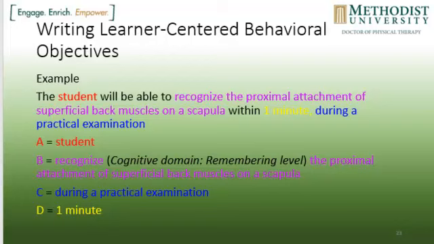You can start with, within 1 minute, the student will be able to recognize the proximal attachment of a superficial back muscle on a scapula during a practical examination. So the degree went first. In this original example, the degree was third and the condition was fourth. So they do not have to always go in A, B, C, D order, but you need to make sure that all content is covered.